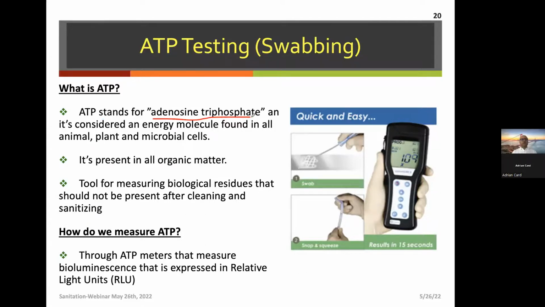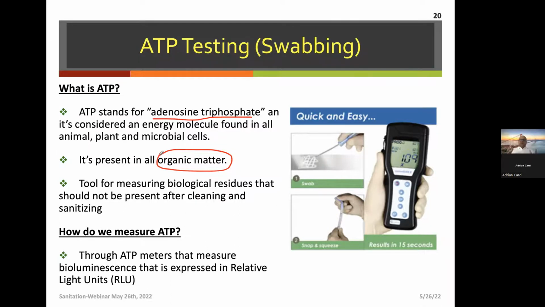And this molecule is found in all animals, in all plants, in all microbial cells. It is an indicator of organic matter. I want to repeat that. It's an indicator of organic matter. And the idea is that if we have low organic matter, most likely we're going to have low microorganisms.